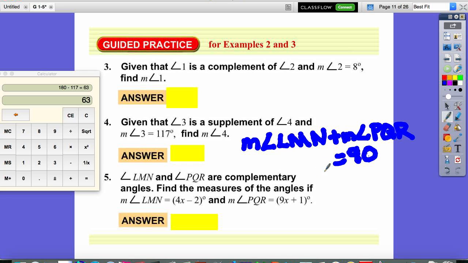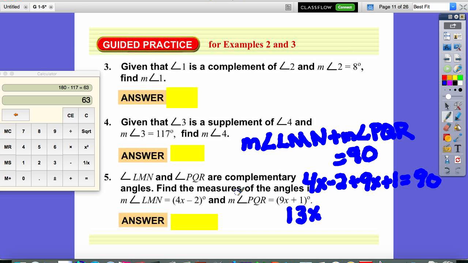That is a definition of complementary. So I'm told that 4x minus 2 plus 9x plus 1 has to equal 90 degrees. I'm using substitution there. 4x plus 9x is 13x. Negative 2 plus 1 is negative 1 equals 90.